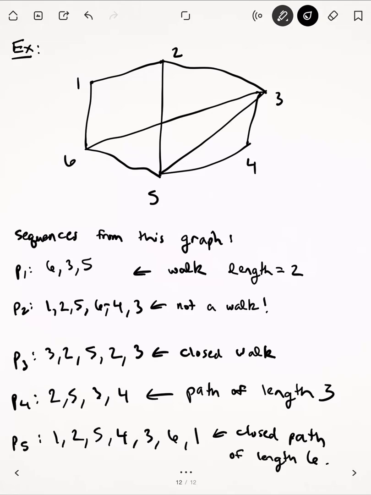Now, because the graphs we're talking about are all finite, i.e. the vertex set is finite, we have the following theorem. Let G be a graph of order n.